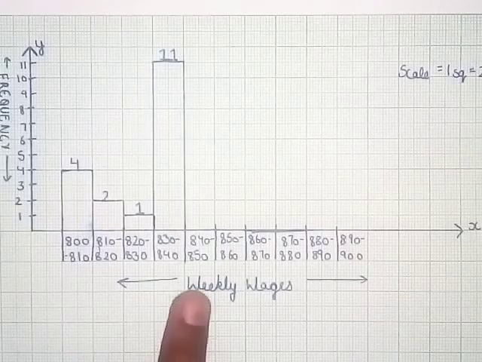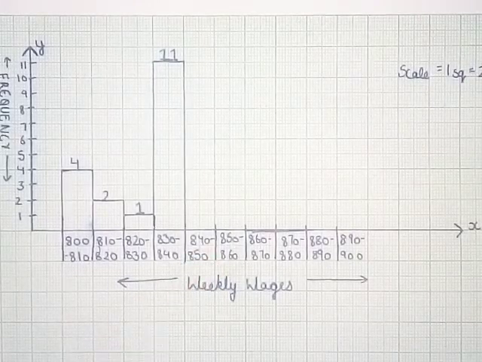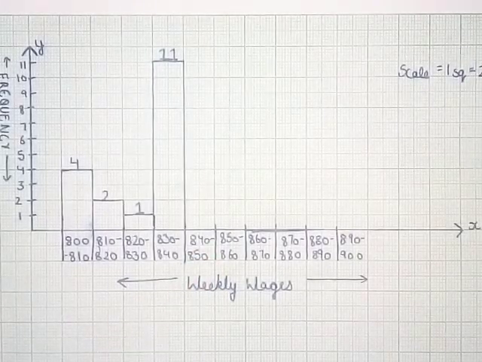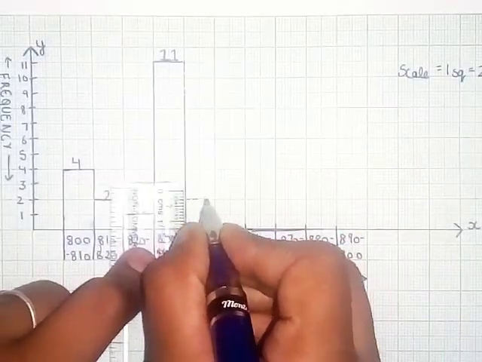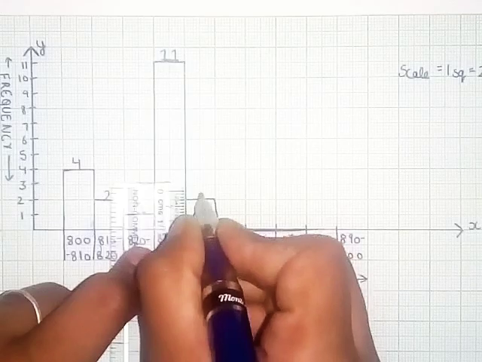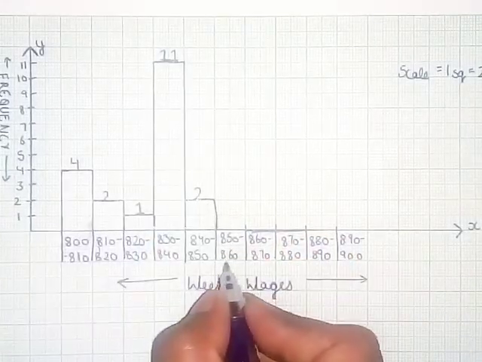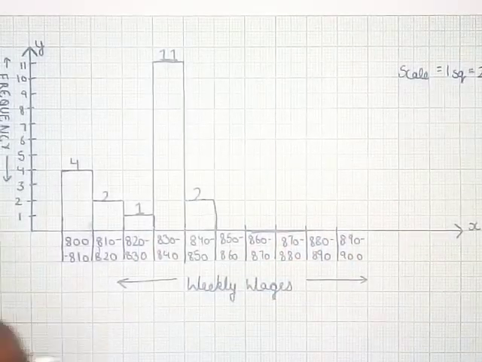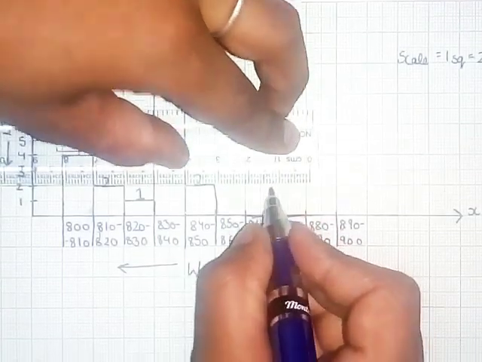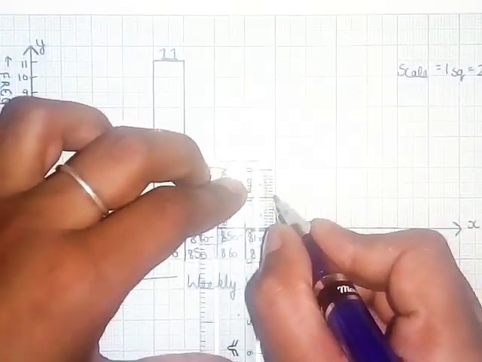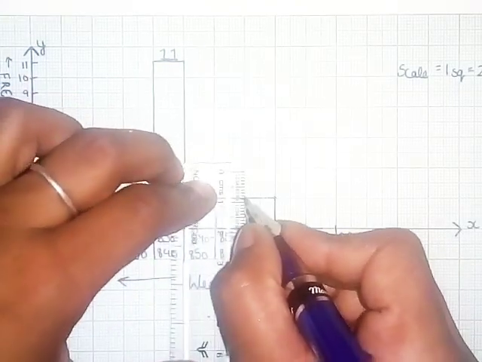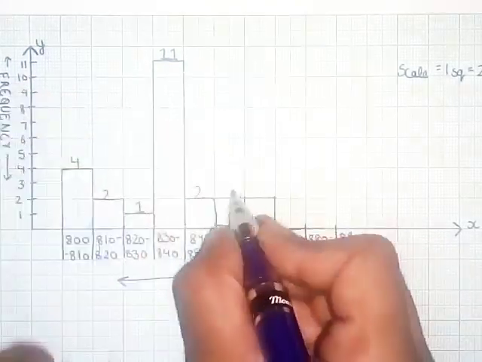Now 840 to 850, what will we write here? That is 2. 850 to 860, it is also 2. And 860 to 870, it is also 2.